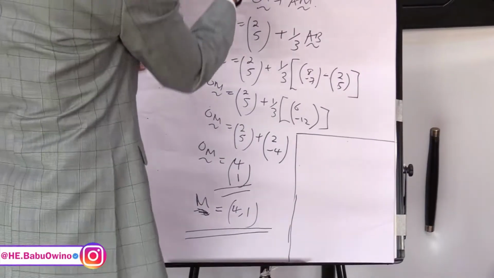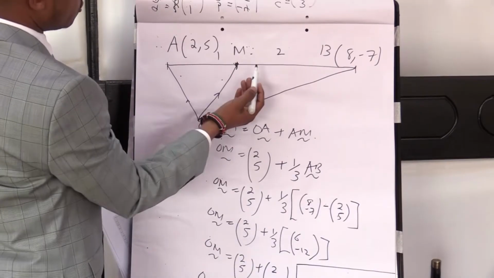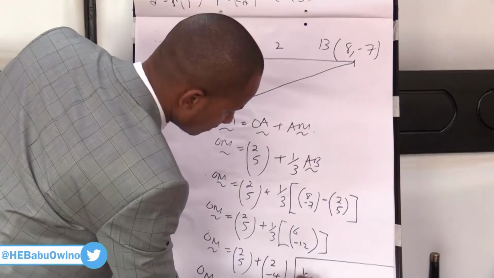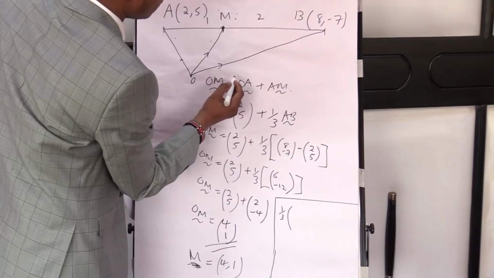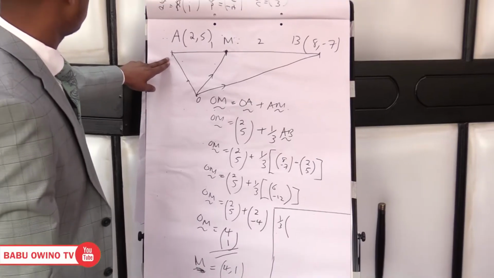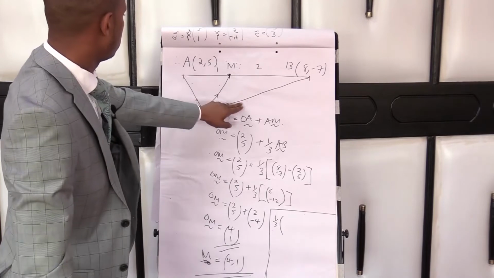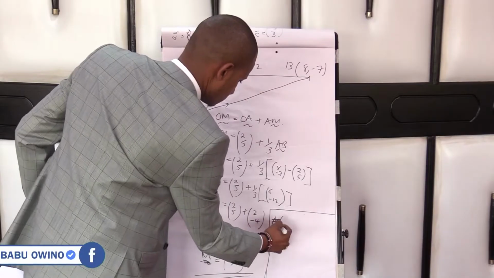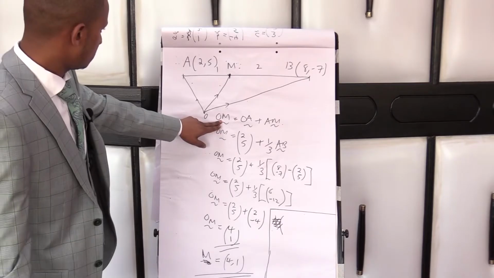Using the ratio theorem, you start with 1 over the total ratio, which is 1 over 3, of the value of B. So let's just follow this as simple as this.